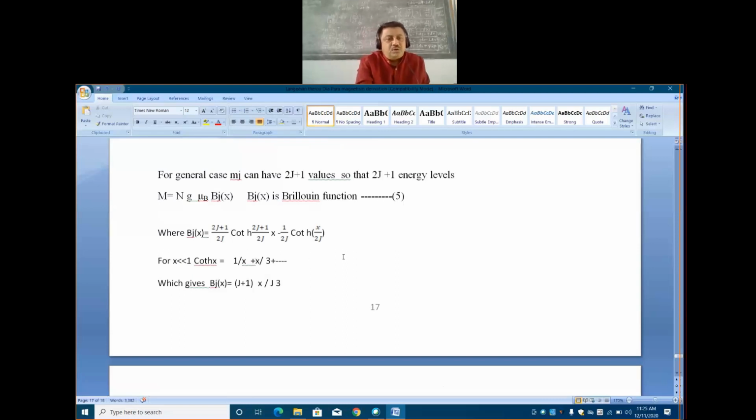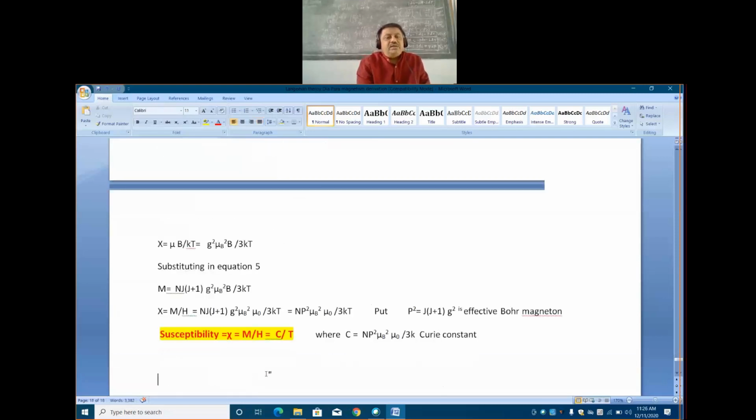So we take only the first two terms, which gives B_J(x) equal to (j plus 1) x by 3j. So on simplification we directly get the Brillouin function as (j plus 1) x by 3j. This is a simple direct step.